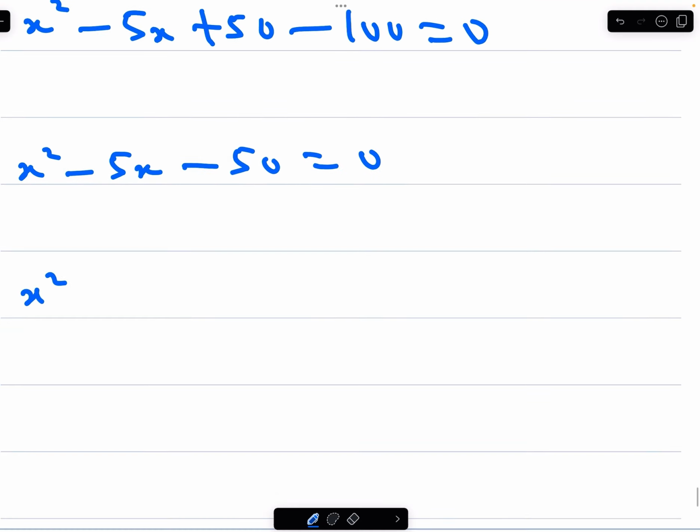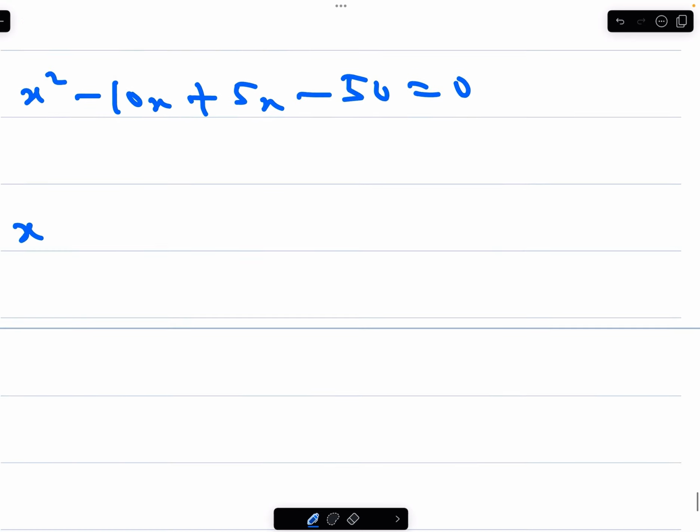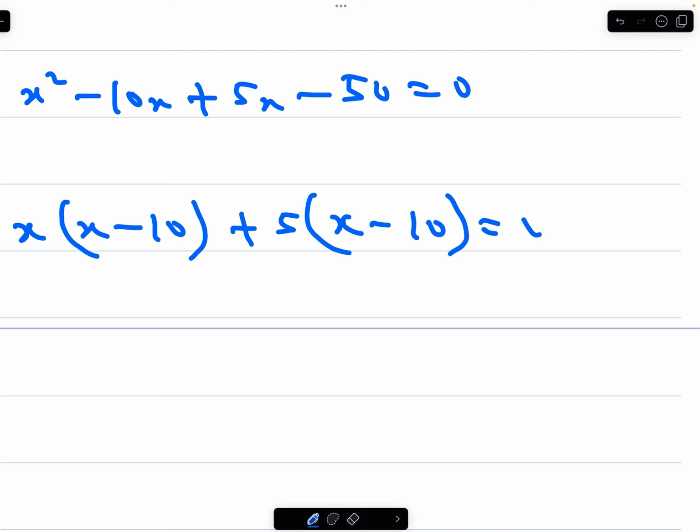Now we can solve this equation by the factorization method. That's the same as saying x squared minus 10x plus 5x minus 50 equals 0, which simply means x into bracket x minus 10 plus 5 into bracket x minus 10 equals 0.